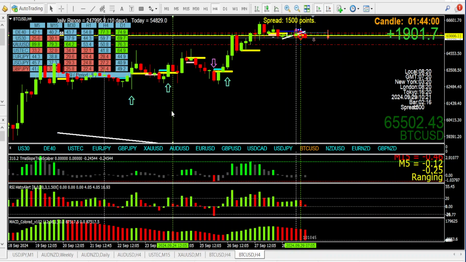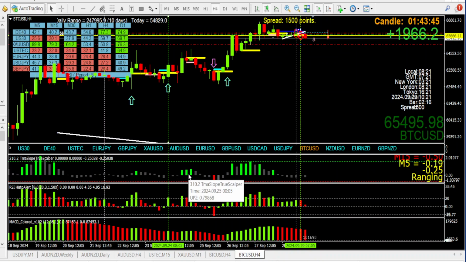They don't always go. This one's a fail, but then again, as I said before, you can't just look at these and discount the indicators, which I've been guilty of doing in the past, saying, oh, that's no good because look at that, it's a false signal, it failed. But you've got to take into account all the other factors.